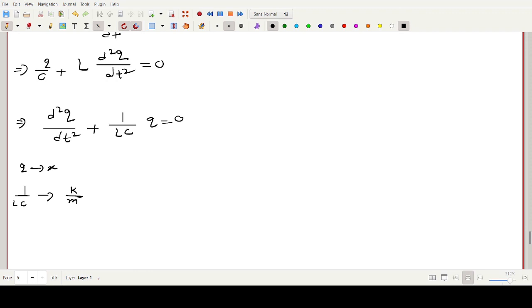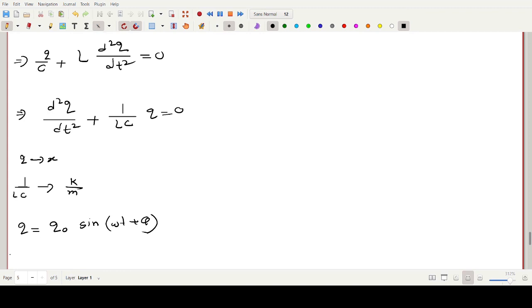So this equation tells us that the amount of charge varies with time, and the variation is analogous to simple harmonic motion. Now what will be the solution of this equation? The solution will be Q naught times sine of omega t plus phi, and at t equals 0, if phi equals 0, then Q equals Q naught.